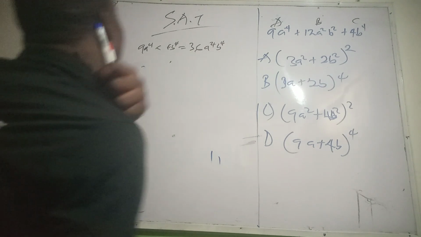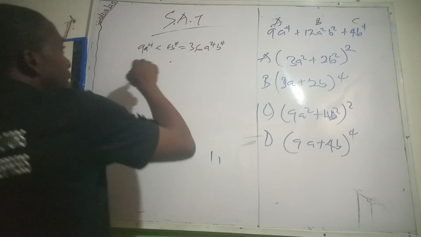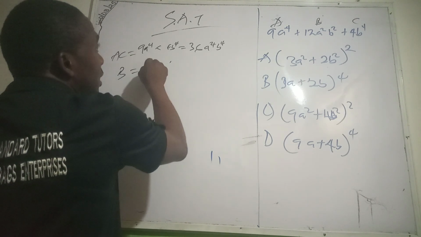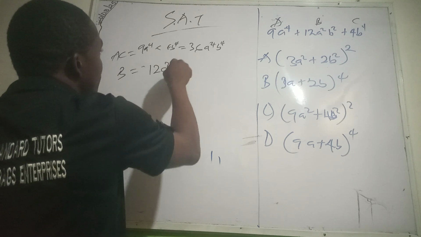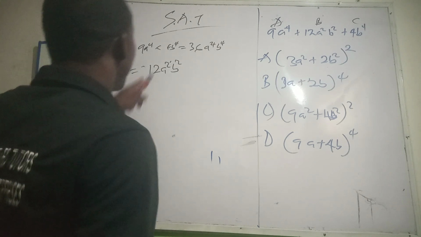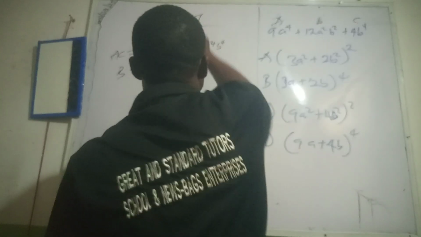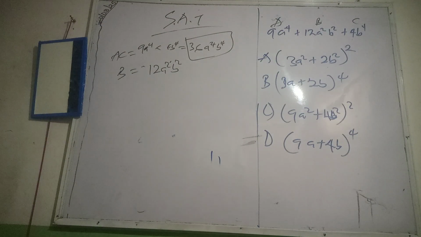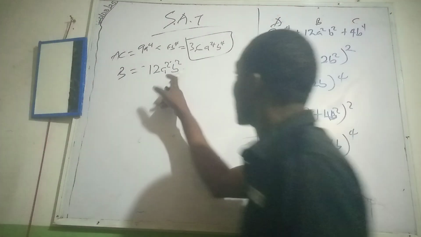So now I will bring B down. B now is 12a squared b squared. I will look for two factors of this that, when I add the same factors together, will give me exactly this.